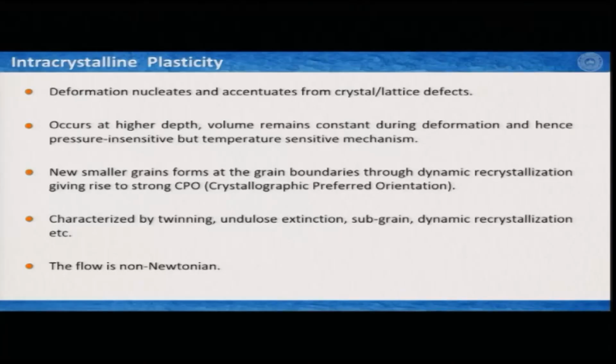So, here are some basics of intracrystalline plasticity. Unlike cataclastic deformation, in the mechanism of intracrystalline plasticity, the deformation generally nucleates and then accentuates from the crystal or lattice defects. We learnt about what these crystal and lattice defects are, and we will see how they help us understand intracrystalline plasticity better.